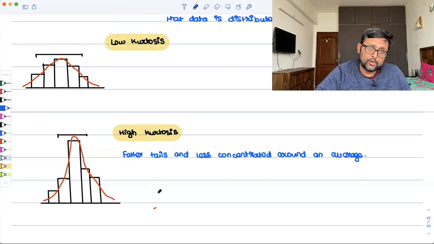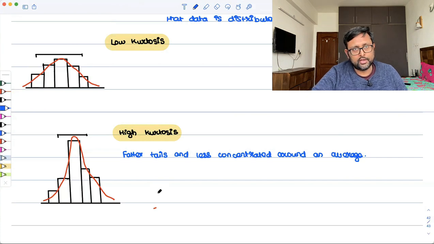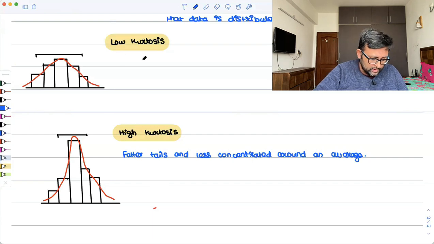But in case of low kurtosis, for example, there are very few people who are not retiring around the age of 60. There are people retiring at 59 or 61, but very few retiring at 50 or 40, or at the age of 70. So there is less chance of extreme values. In low kurtosis, you have skinny tails.